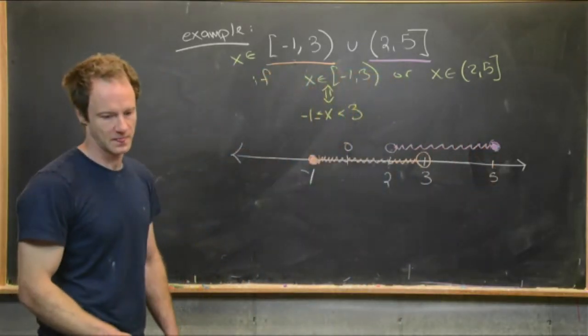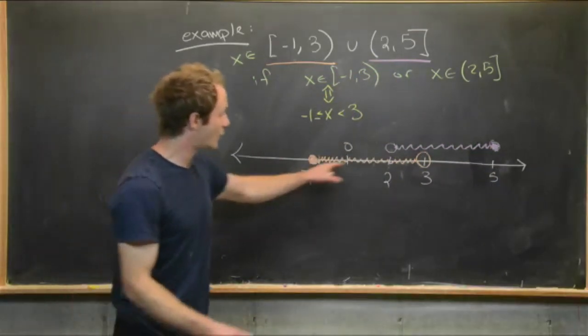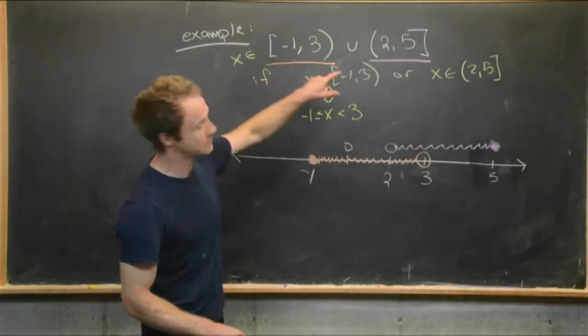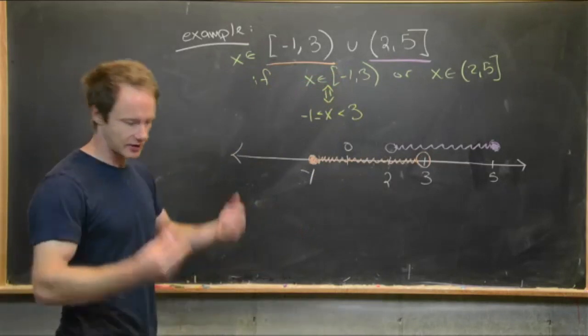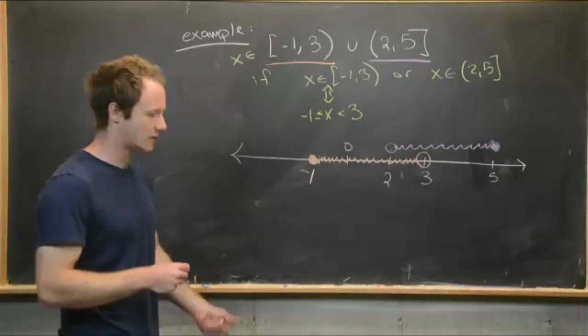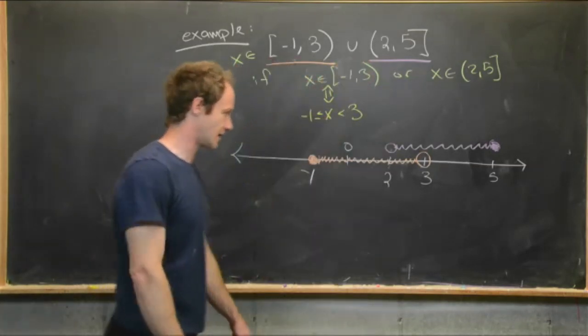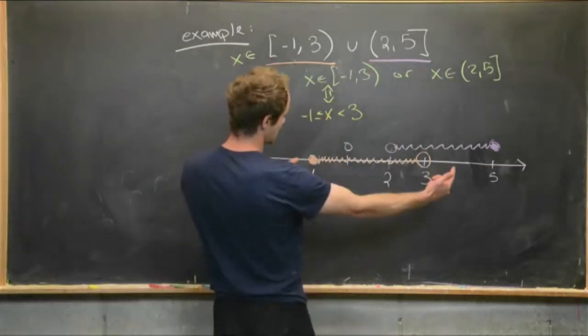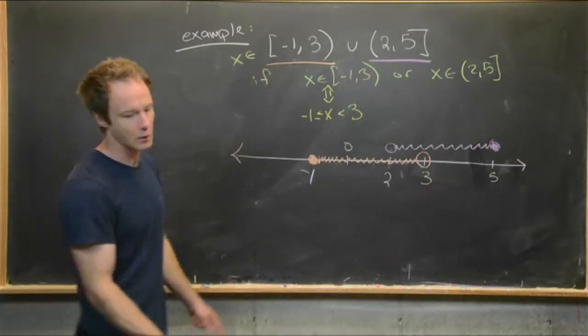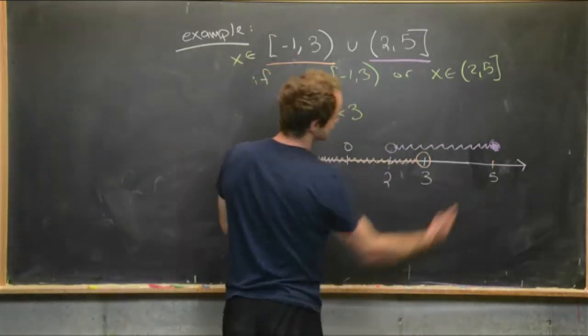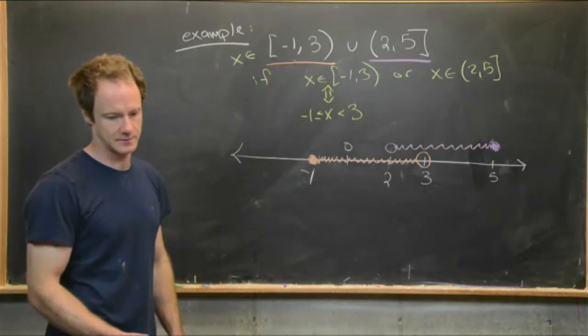Great. But now, if I want to think about what's happening when I join these together, the or conjunction joins these two things together: it's either here or there. So you can simplify this down into one piece, and that one piece would be -1 to 5.